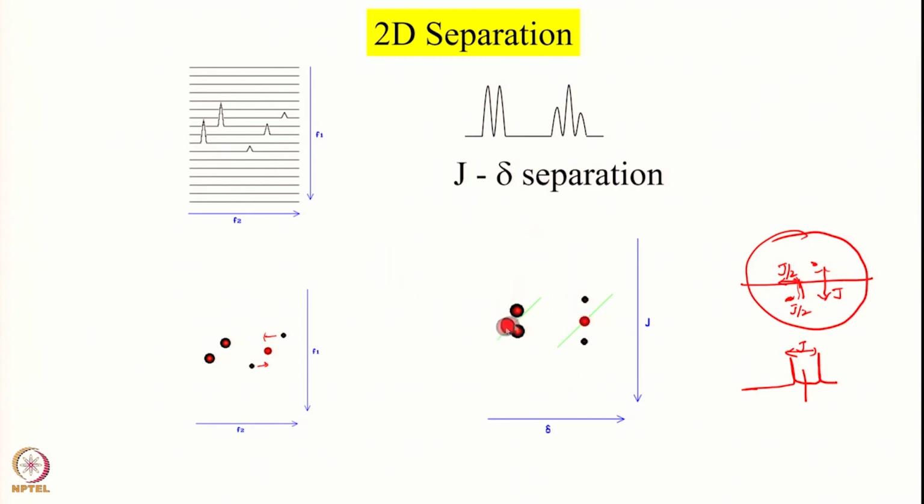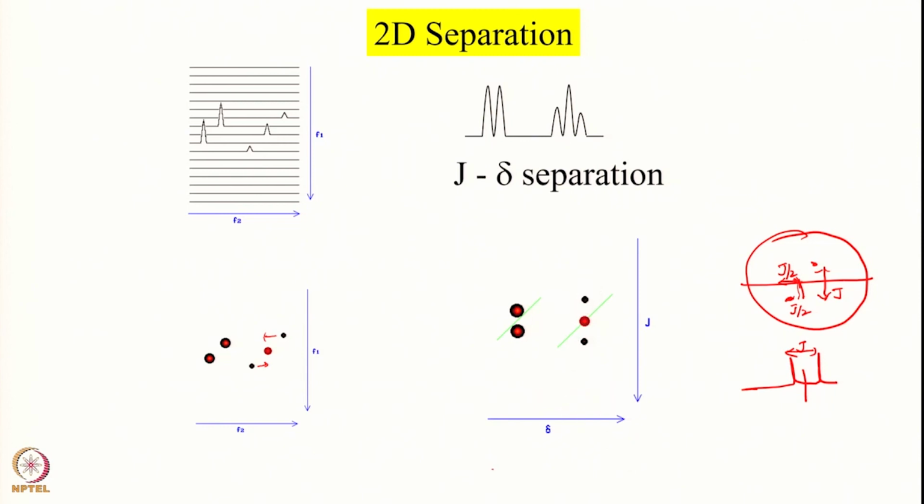Now, this is the F1 axis, also called the J axis. Simply by looking at the separations here, I can measure the coupling constant, and if I take the projection of this I will have only one line.